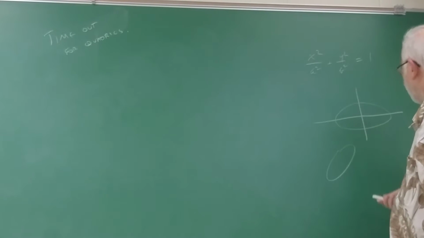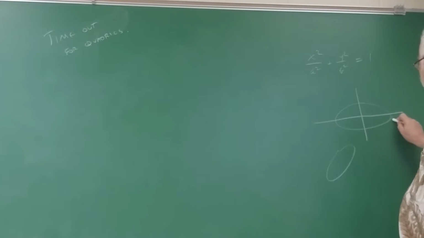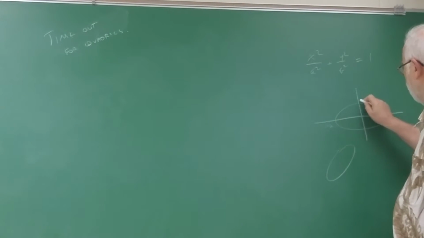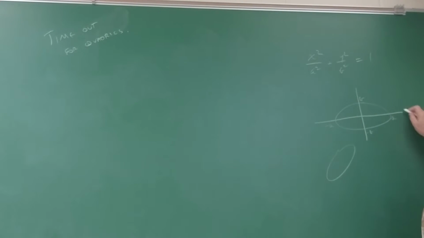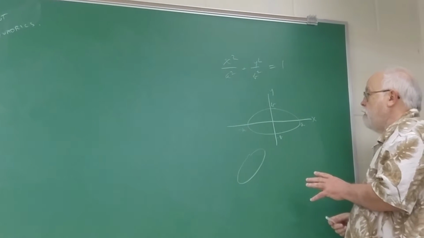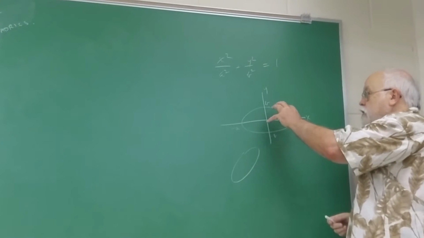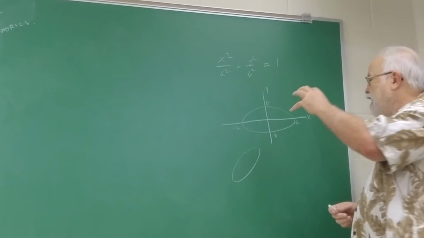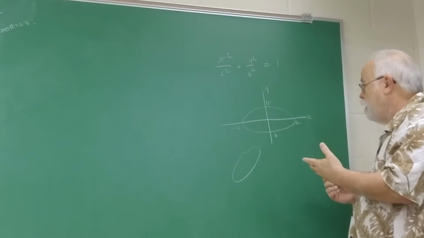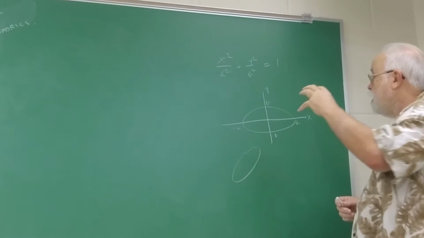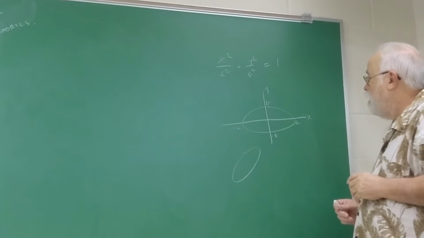Anyway, so a and minus a, b and minus b, and this is x and y. If I were to put this in 3 dimensions, then what I would get for this equation is just a cylinder, not a circular cylinder, but what's called an elliptical cylinder. With this, z doesn't matter in this equation.